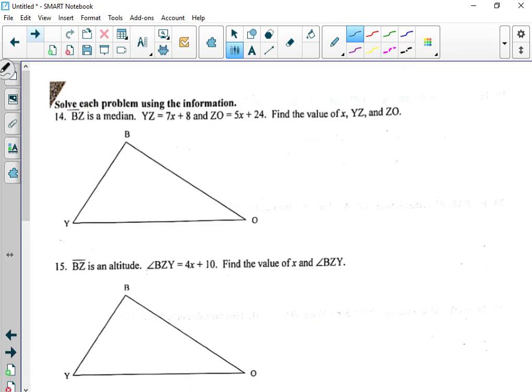Okay, BZ is a median, which means I need to find the midpoint of this side. Mark it. Looks like the right side might be a little bit longer, but we're okay with that. This is BZ, so we put a Z there. It says YZ is 7x plus 8. ZO is 5x plus 24. Simple enough, we just set them equal to each other.